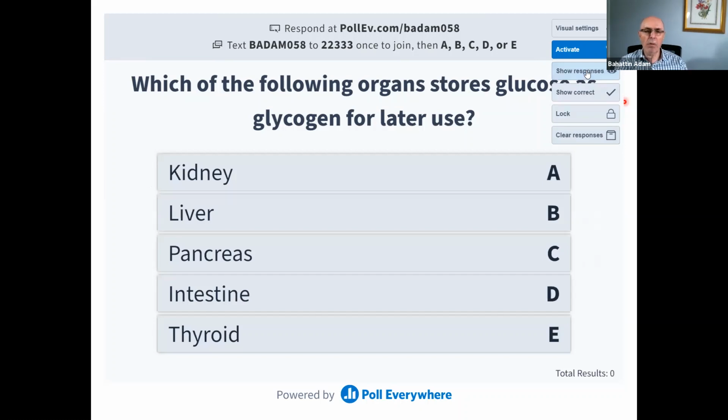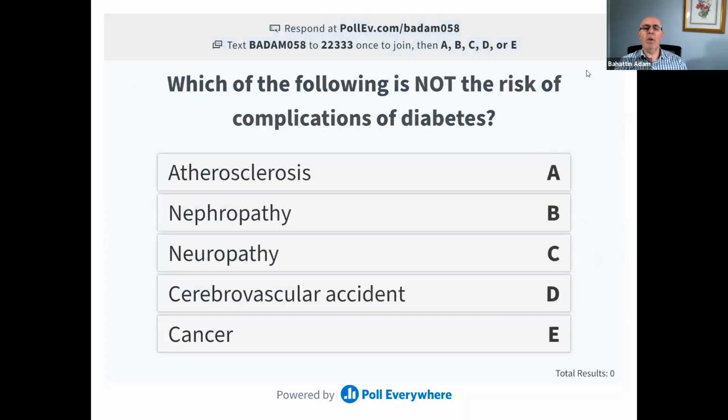Okay, now, which of the following is not a risk of complication of diabetes?